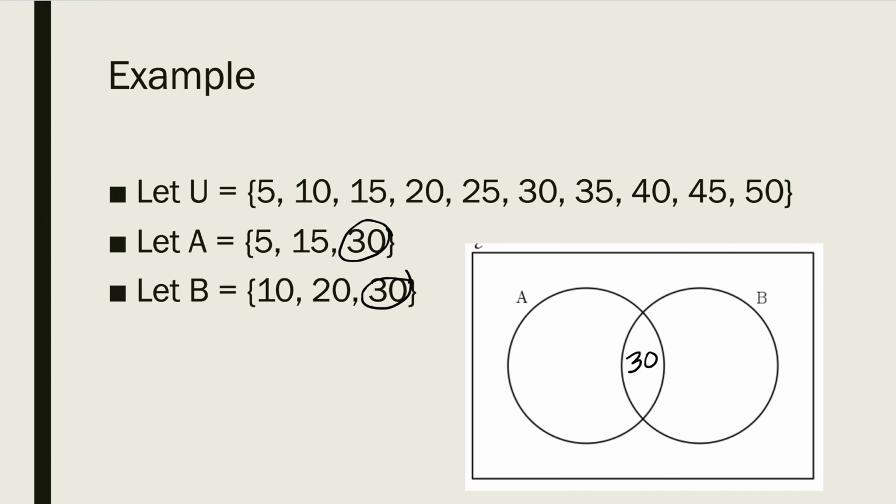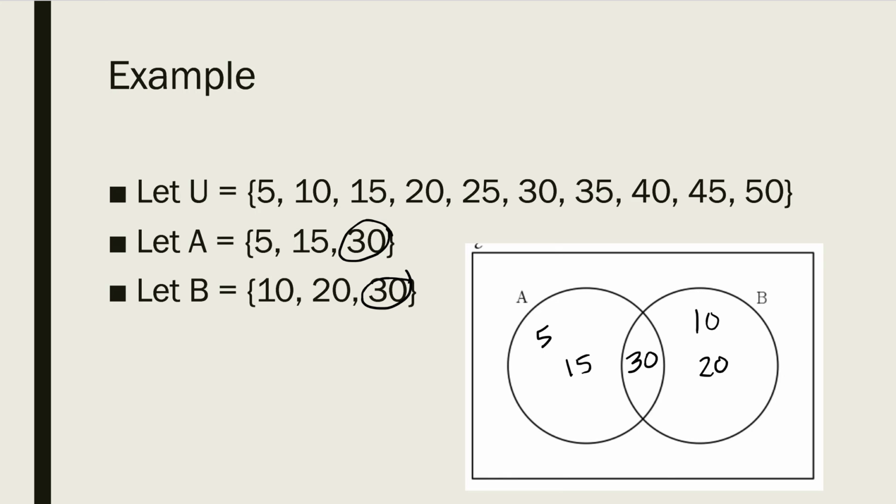Okay, now I'm going to go ahead and fill in the other elements. So I know that somewhere in the A circle, I also need 5 and 15. And in the B circle, I need 10 and 20.